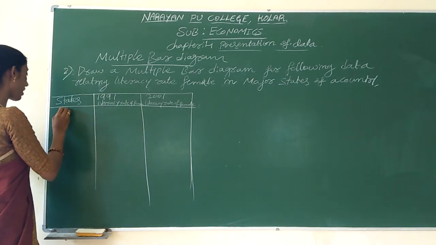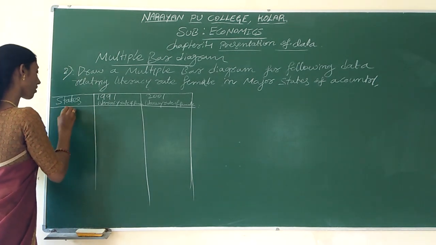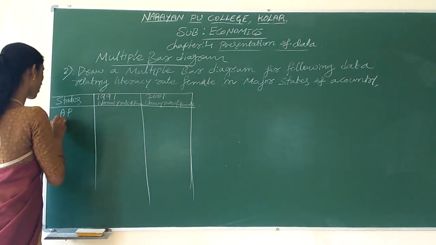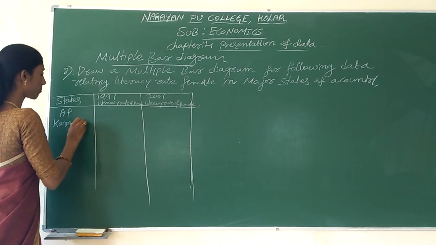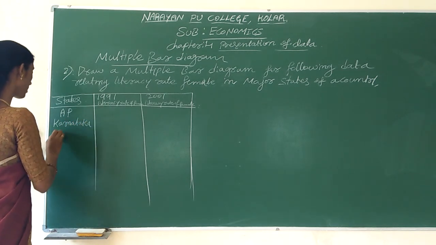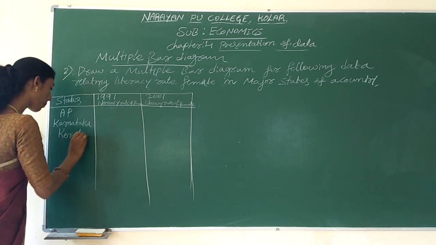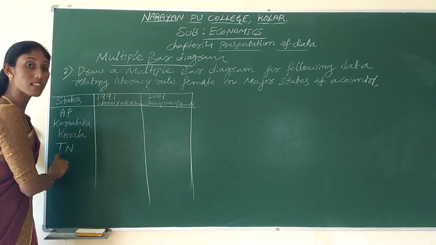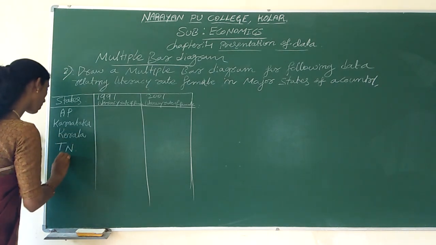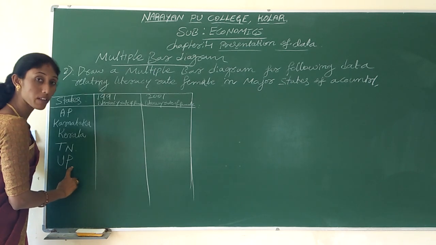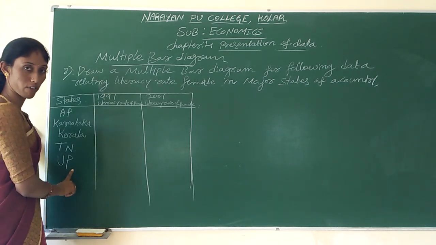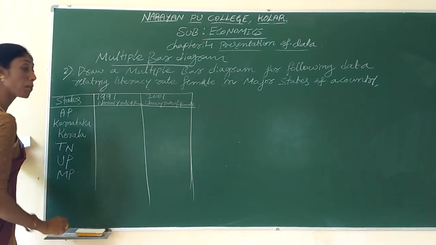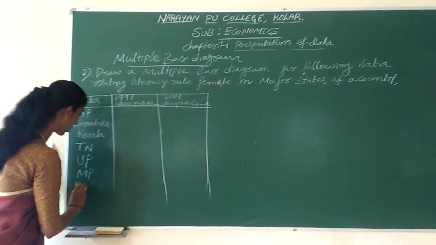Here the major states are: first we take AP, which means Andhra Pradesh. Next, Karnataka, Kerala, Tamil Nadu. Next, UP, which means Uttar Pradesh. If you want, you can take the full form also. Next, MP, which means Madhya Pradesh, and Punjab.